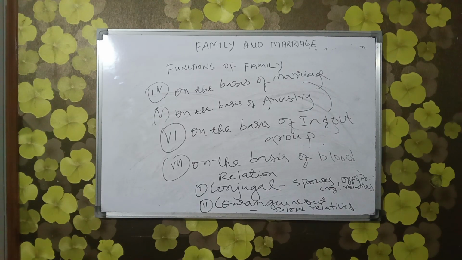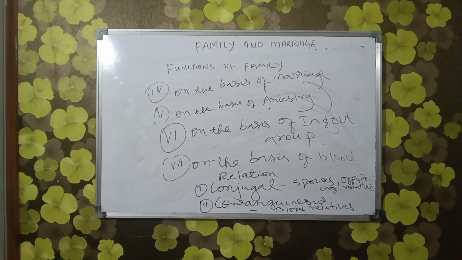On the basis of ancestry, patrilineal, where ancestry continues through the father, and matrilineal, where ancestry continues through the mother. On the basis of in-group and out-group, endogamous and exogamous. Endogamous sanctions marriage only between members of the in-group. Exogamous sanctions marriage of members of the in-group with members of the out-group.